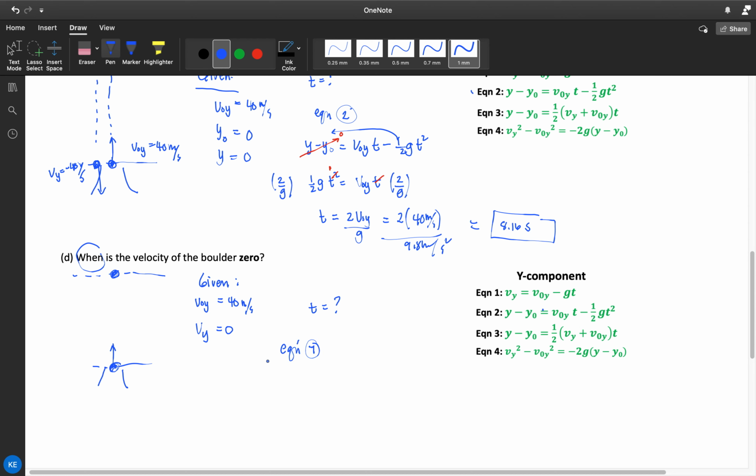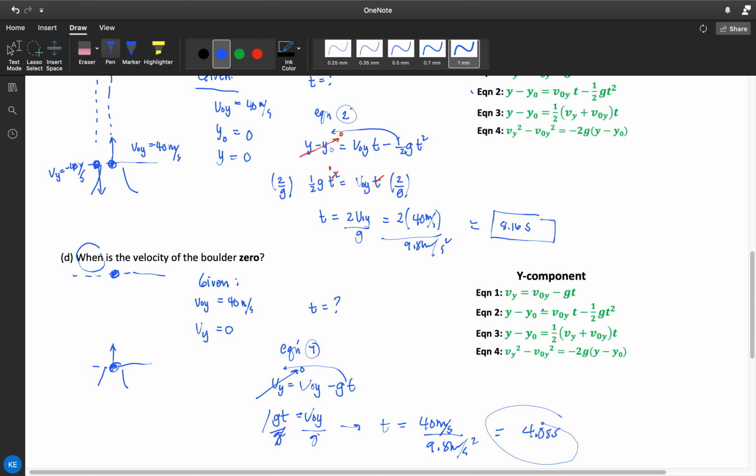So, ang tendency is that you'll have Vy is equal to V sub Oy minus gt. So, final velocity is equal to 0. So, you'll have transpose this one. So, you'll have gt is equal to Voy. Divide g both sides of the equation. You'll have then t is equal to 40 divided by 9.8 meters per second squared, which is equal to 4.08.